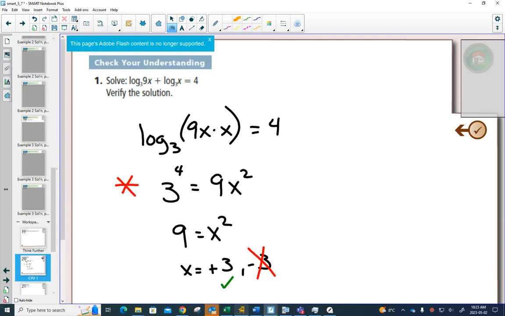Put a star beside this step, because going from this step to this step, for whatever reason, well, I have a couple of theories of why, but this is where your brain shuts off. Because it's a little bit different than most of the algebra you've done. Most of the algebra you do, you sort of see, oh, I need to add 3 to both sides, or you see what to do and it makes sense.